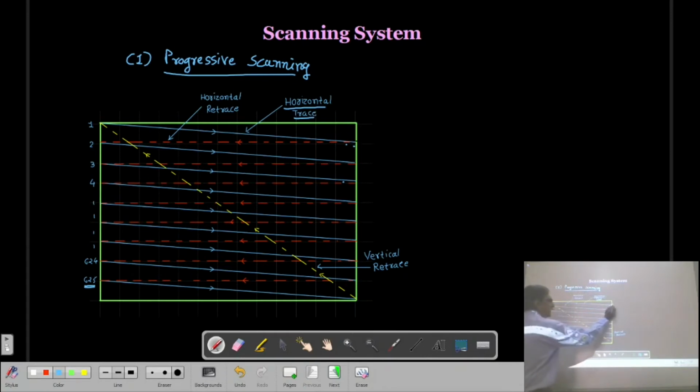Now when line number 1 is over, it is coming back for line number 2. When it is coming back, at that time the electron gun is going to be blanked out. You are not getting the information. That is known as the horizontal retrace, or sometimes also known as horizontal blanking.